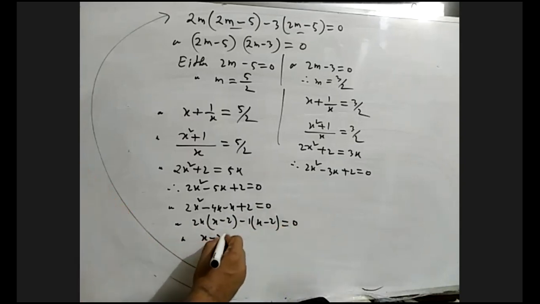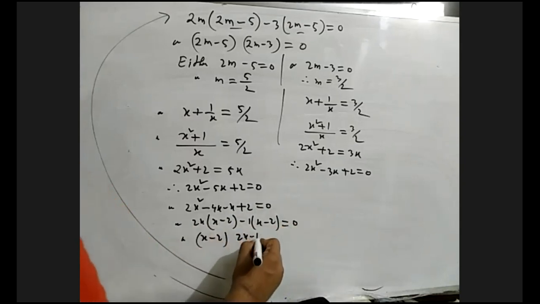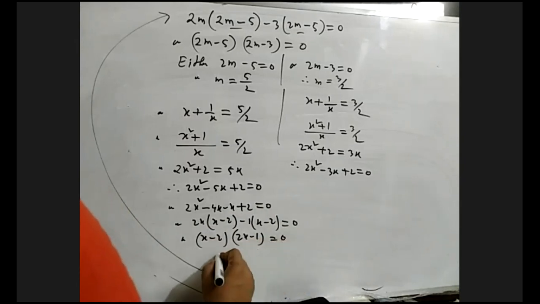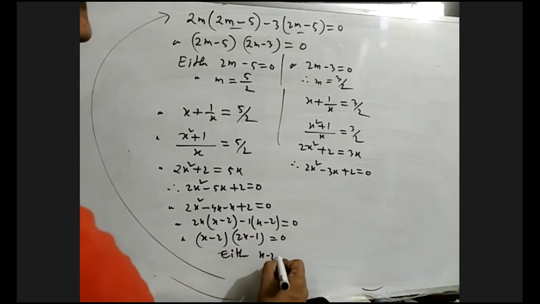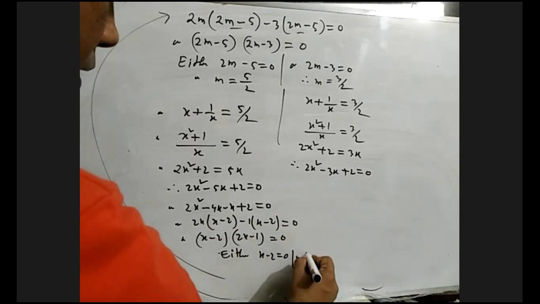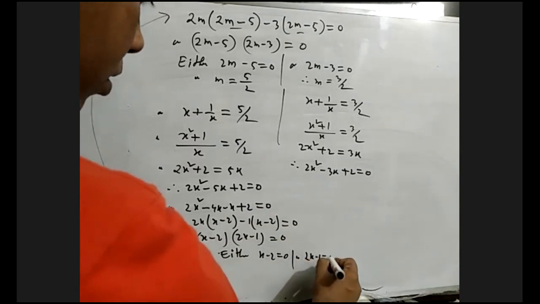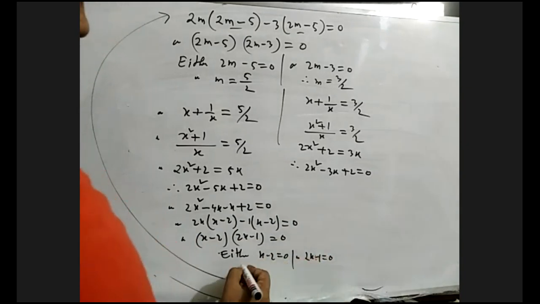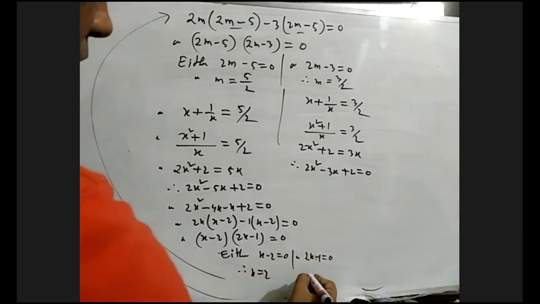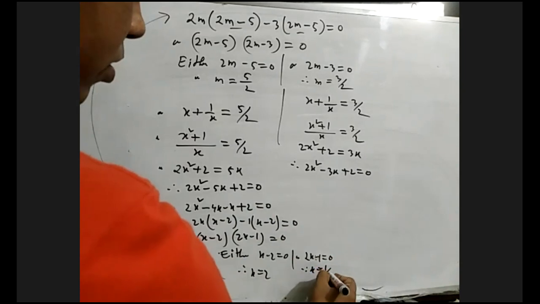X minus 2 common, twice x minus 1 equals to 0. So either x minus 2 equals to 0 or twice x minus 1 equals to 0. Very easy. Therefore x equals to 2, and here x equals to half.